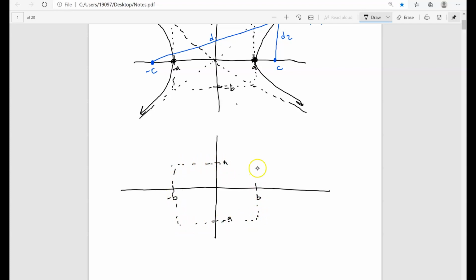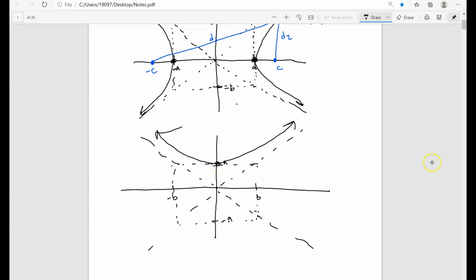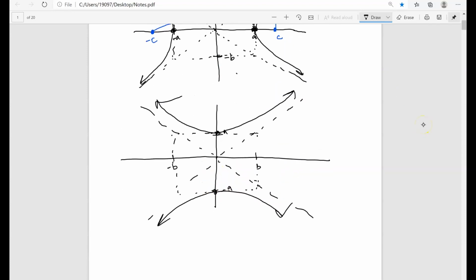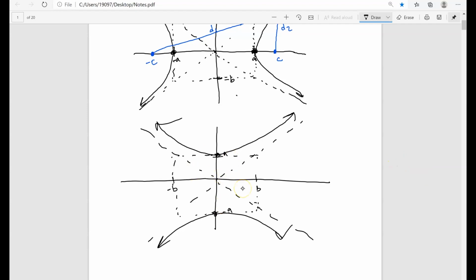We draw this box first, then we draw the equations of the asymptotes, and those are just going to be along the diagonals. And now the hyperbolas can also open upward, and they can also open down. So you have these hyperbolas that look like this. So now the only thing that I did is I swapped the A's and the B's.